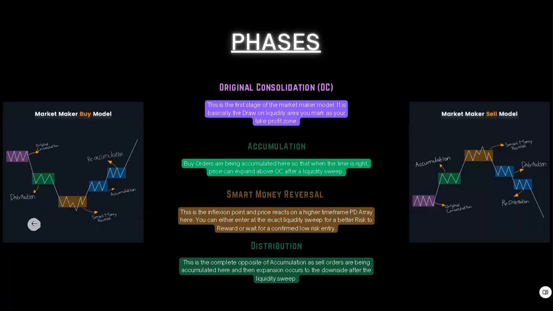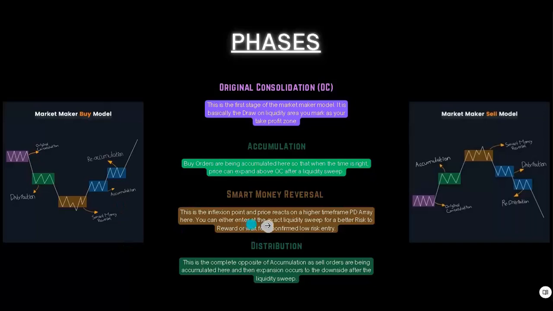So since we have two time frames, the first time frame is the higher time frame. On the higher time frame, we look for a PD array. So imagine on the higher time frame we have a PD array here, and then on the lower time frame we look for the market maker model. I'll show you that in an example in a second.